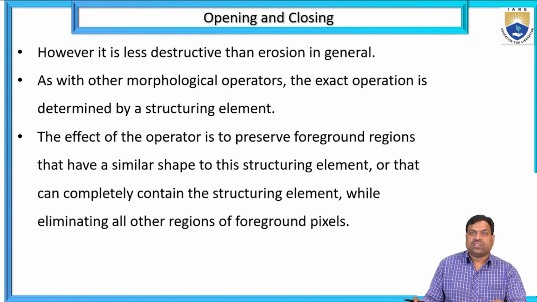However, it is less destructive than erosion in general, but the exact operation is determined by a structuring element. The effect of the operator is to preserve foreground regions that have a similar shape to the structuring element, or that can completely contain the structuring element, while eliminating all other regions of foreground pixels.